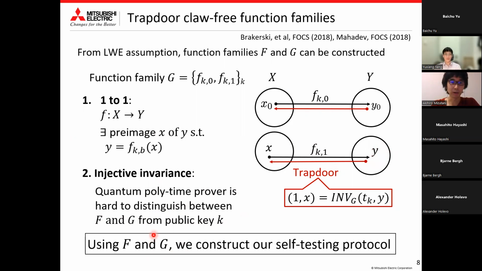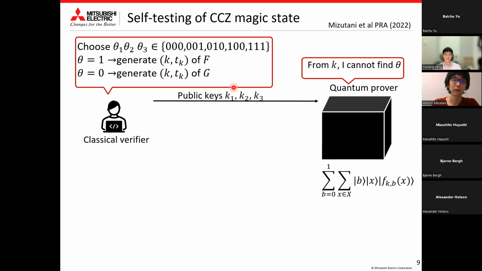Using these function families F and G, we construct our self-testing protocol as follows. Recall that our goal is to self-test the CCZ magic state. We want to self-test its generation and the measurement performed on this state. The first step is that the classical verifier chooses three bits, theta 1, theta 2, theta 3, from this set.